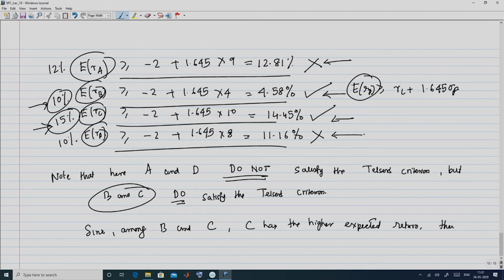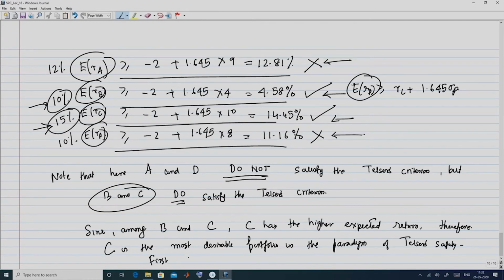Therefore, C is the most desirable portfolio in the paradigm of Telser's safety first criteria.